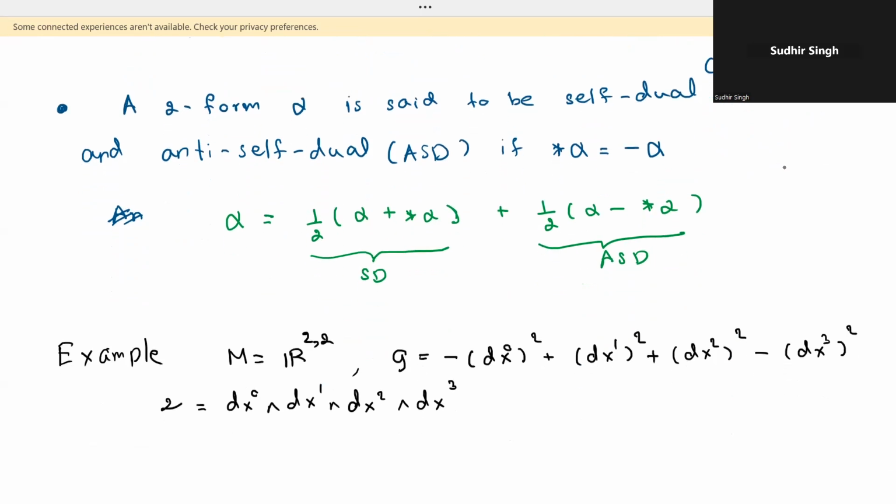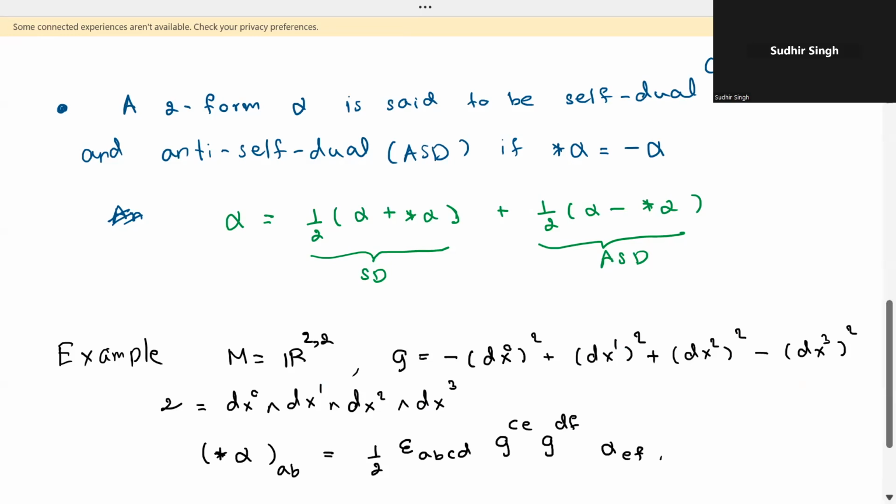Then in components, this just follows from the expression for the components we looked at earlier. So star alpha_ab is epsilon, this is again just the alternating symbol. Okay.